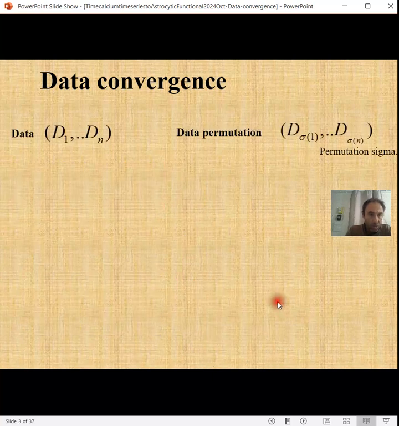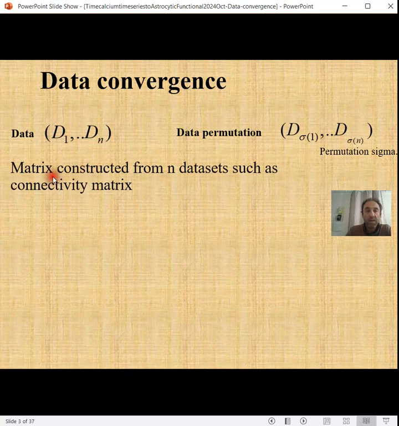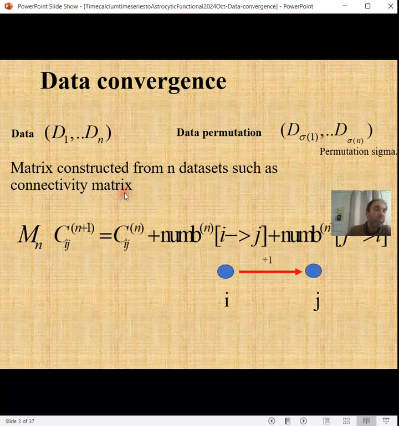All right, so what are we calling data convergence? Well, the idea is that if you acquire a certain number of data sets, 1 to n, from which we can calculate any kind of statistical information. This can be, for example, the connectivity matrix.